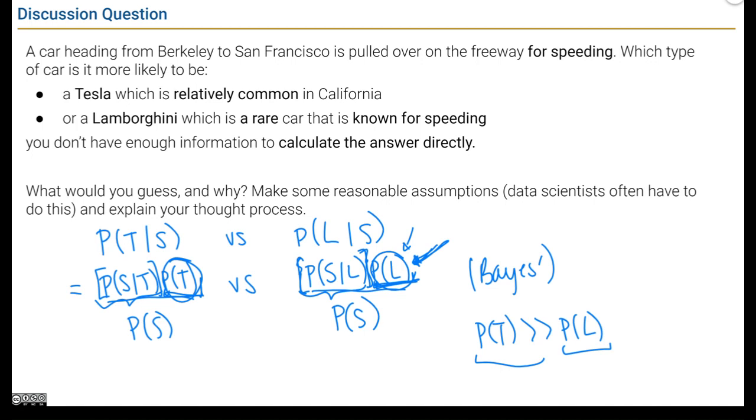So I'm going to argue that it's going to be more likely that it was a Tesla. Even though Lamborghinis are known for speeding, there's just so many more Teslas. It's much more likely that I would have seen a Tesla than a Lamborghini. That's my reasoning in this. So these are just some examples of how to apply Bayes' theorem and where this type of reasoning will come into play.